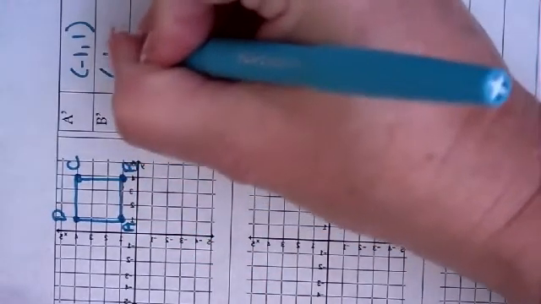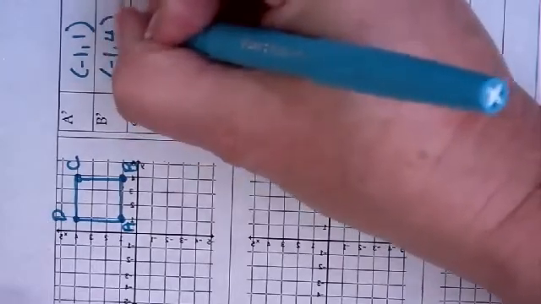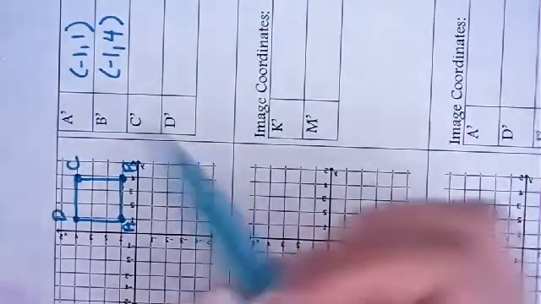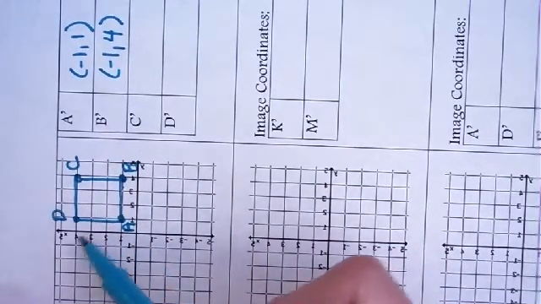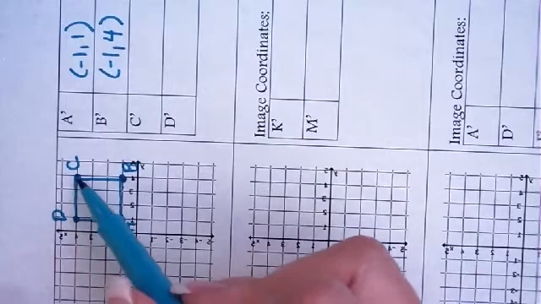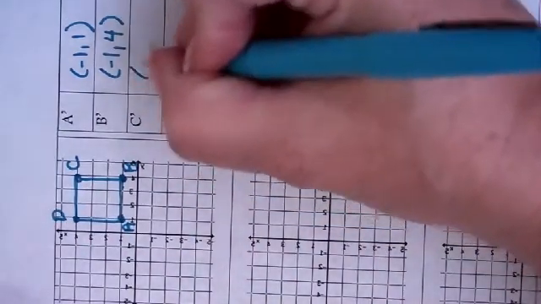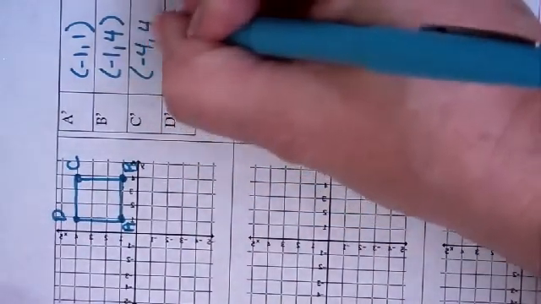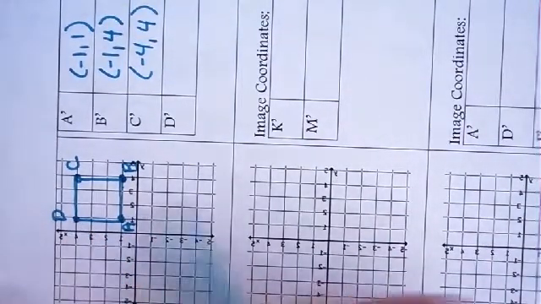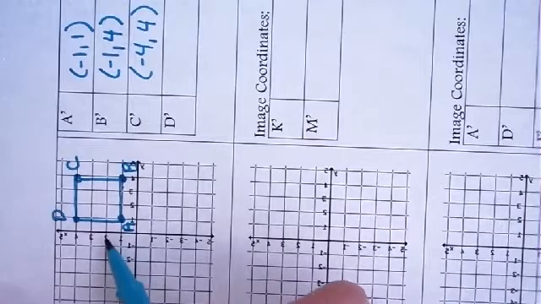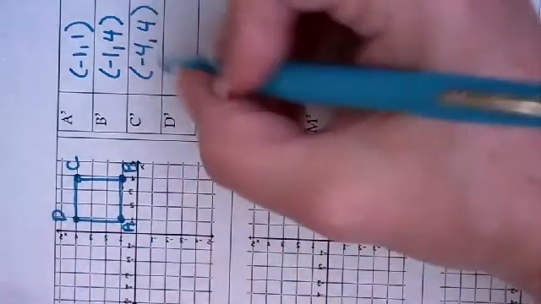So -1, +4. C is over here now, and it's at -1, 2, 3, 4, 1, 2, 3, 4. So it's at -4, +4. D, down here in this bottom left corner, is at -1, 2, 3, 4, and +1.